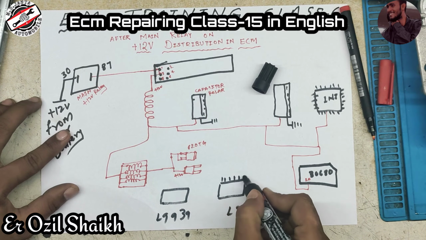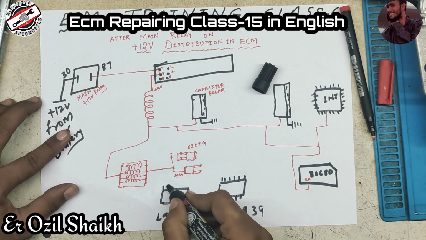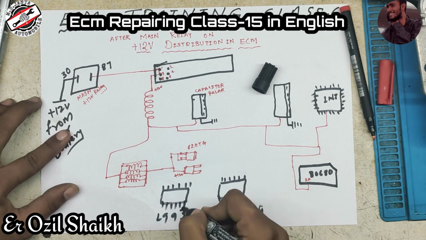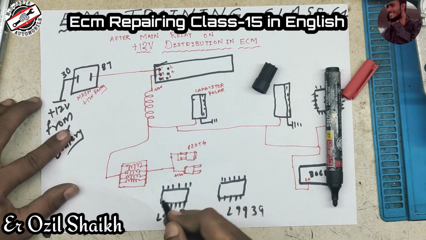That's why we use this 12 volts to operate the throttle motors and throttle flaps.